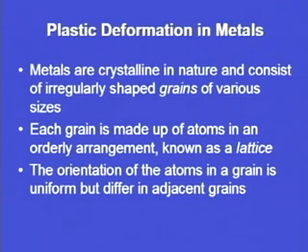The orientation of atoms in a grain is uniform but differs in adjacent grains. Within a grain the atoms have a particular orientation, but in adjacent grains the orientation is usually different.